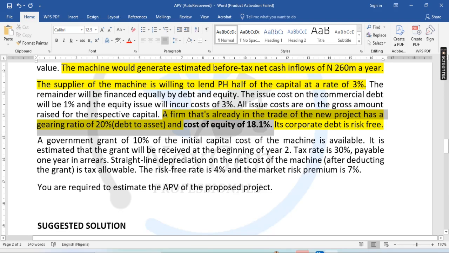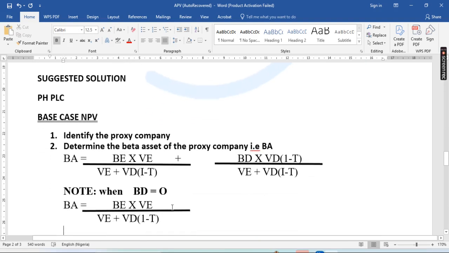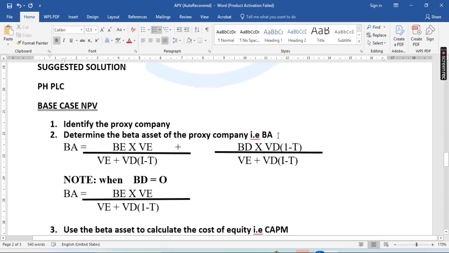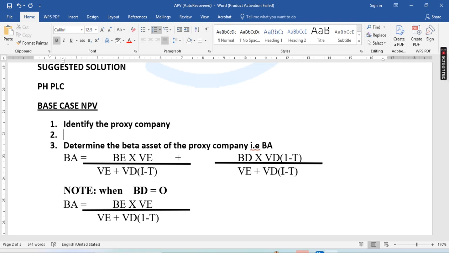In this case, do you know that you can get the equity beta by making this the subject of the formula? So now, we will not change the formula. We can change the formula by saying that since we've already identified the proxy company, we have to determine the asset beta.